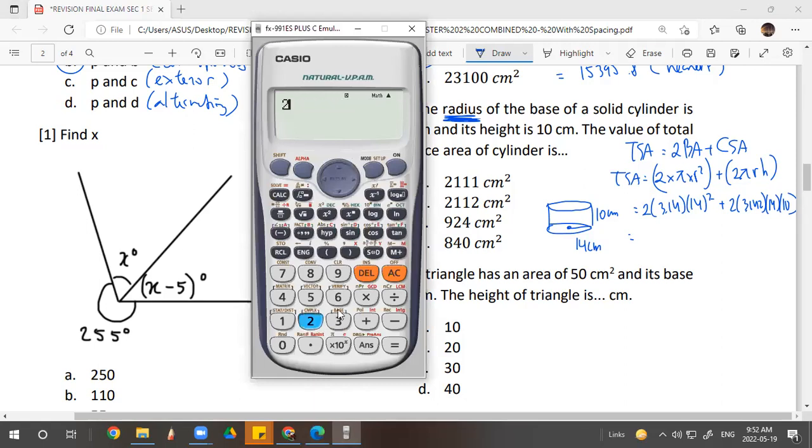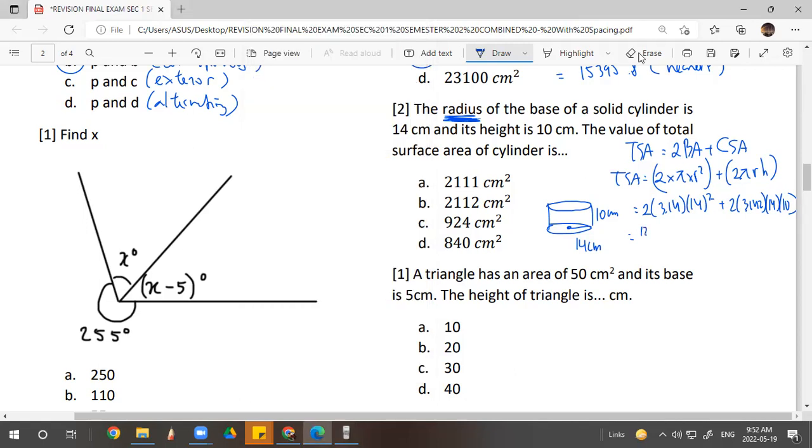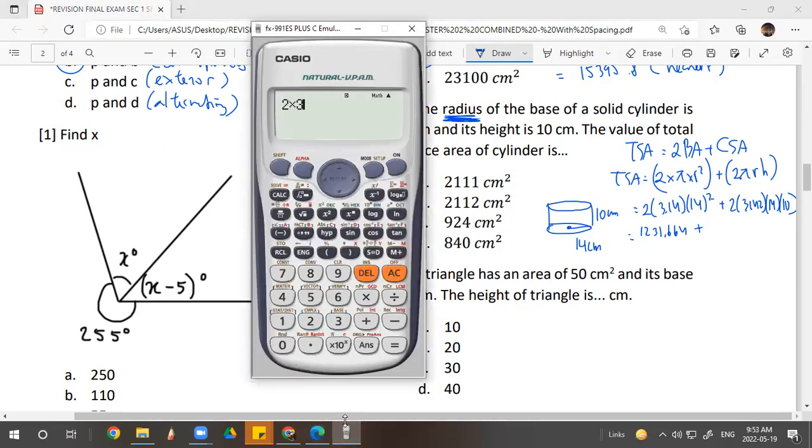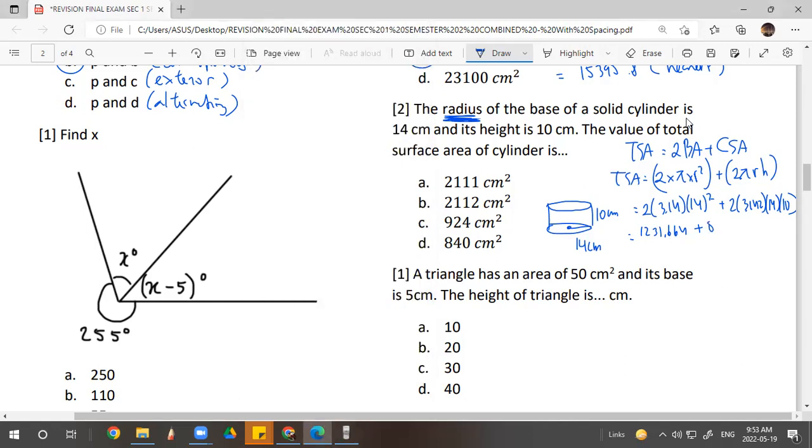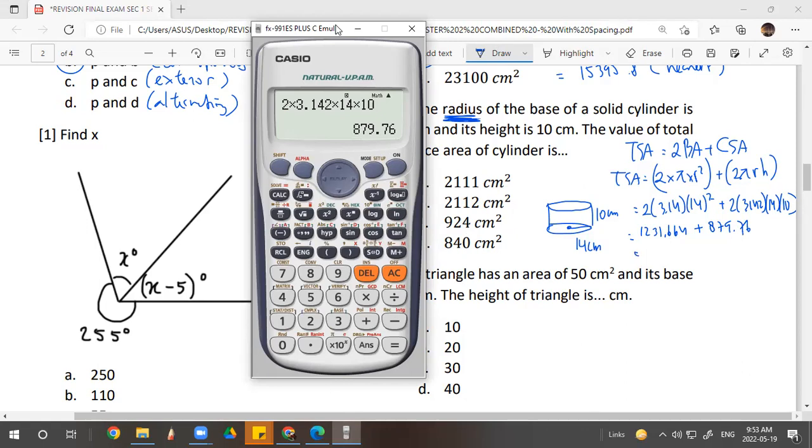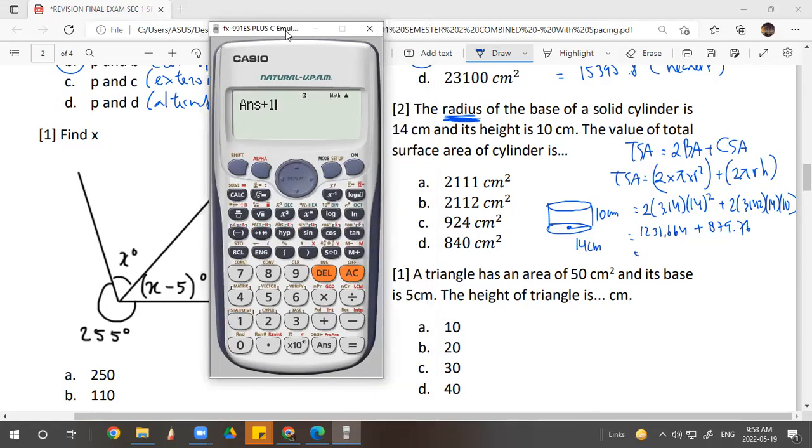Do it slowly. 2 times 3.142 times 14 squared gives 1231.664. Then you add the next part, 2 times 3.142 times 14 times 10, and you will get 879.76. So the number is near 2000 something, but you need to do the working. 2111 is the nearest.